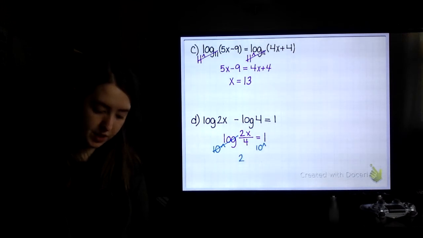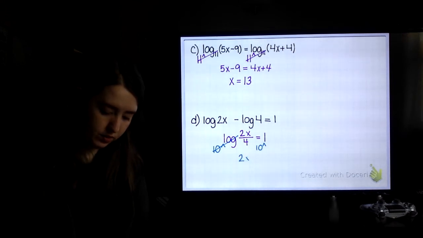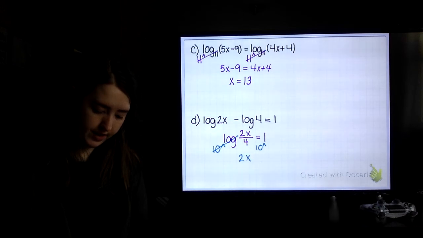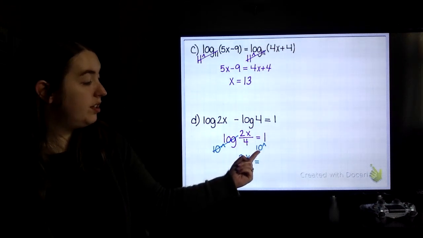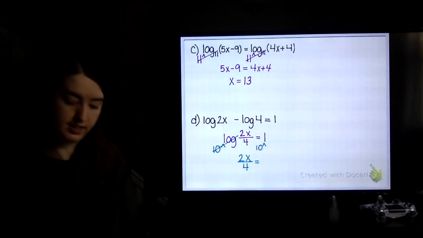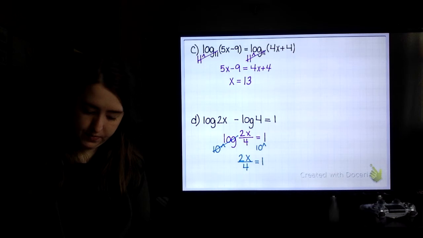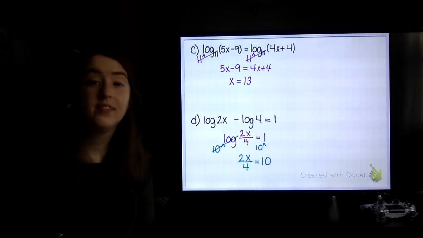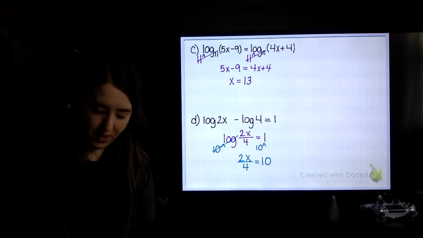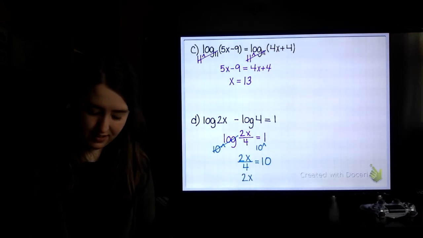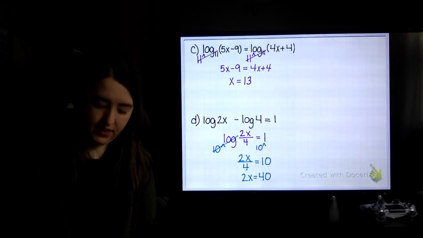So I just have 2x over 4. And then over here, 10 to the first power is 10. So then we'll solve, multiply by 4 on both sides. So 2x equals 40. Divide by 2, so x equals 20.